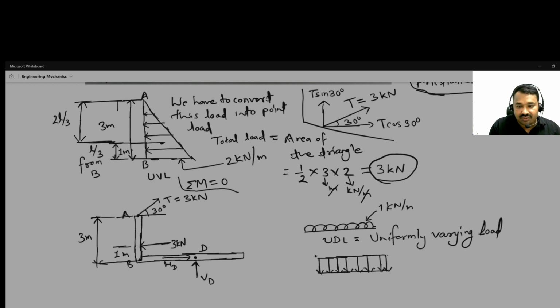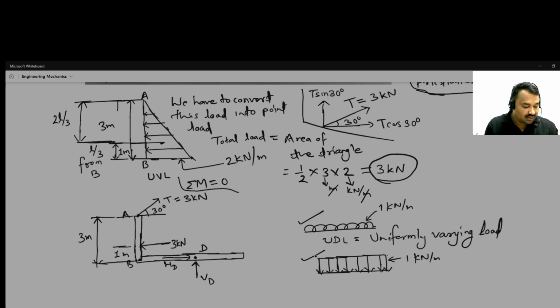Okay. So here the intensity of the load is equal throughout the length of the beam. So either this can be shown in this form or in this form, both are same.